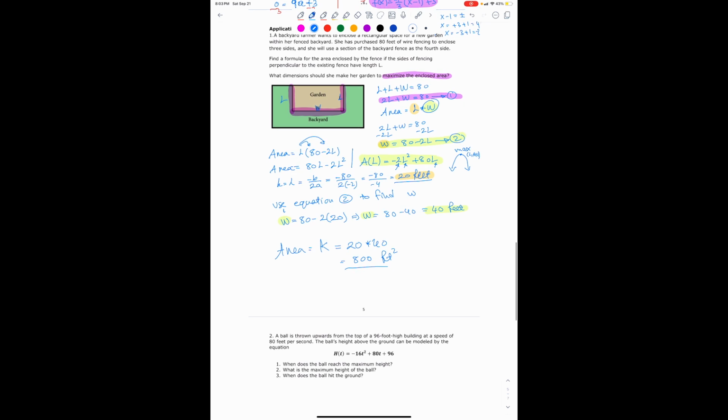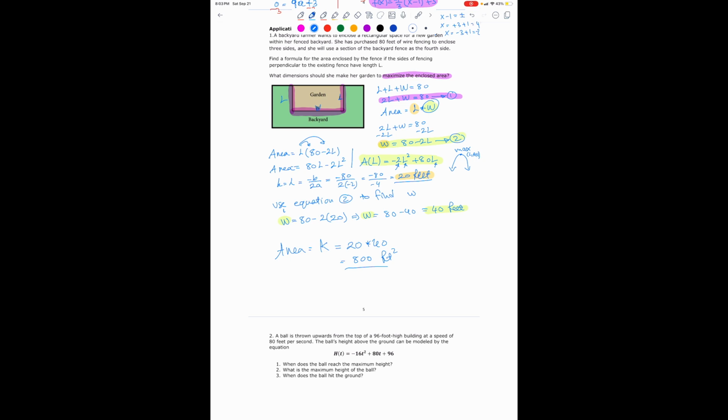So that is basically how you're going to solve these types of equations. Many of these problems are going to ask you to maximize or minimize, so you have to come up with an area function. In this case, the area function is clearly going to yield a maximum.